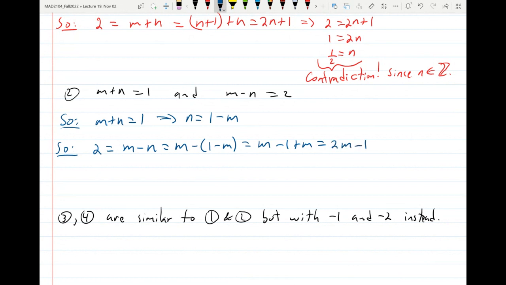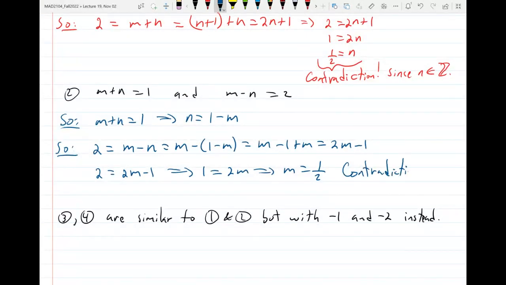So that's 2m minus 1. So we have that 2 is equal to 2m minus 1. So that means that, subtract 1, so 1 is equal to 2m, which means that m, once again, is 1/2. Again, impossible. M is supposed to be an integer, right? So this is also a contradiction, since m is an integer. So case number 1 and case number 2 are impossible.